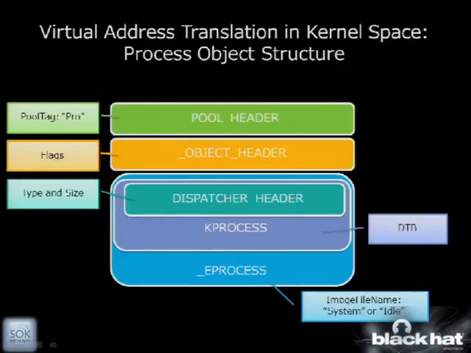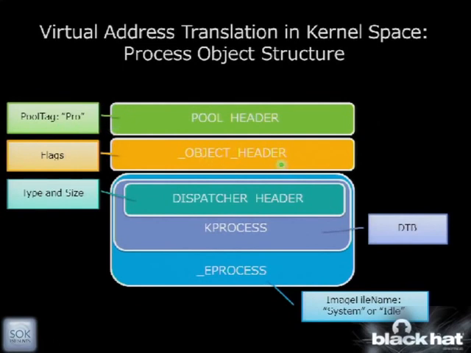Object carving is generally used to find all process objects in a memory image. The process object with the kernel DTB is no exception. This figure shows the process object structure and its headers. The pool header includes the pool tag. If the object type is process, the pool tag is Pro.